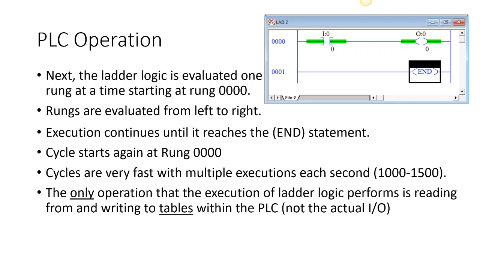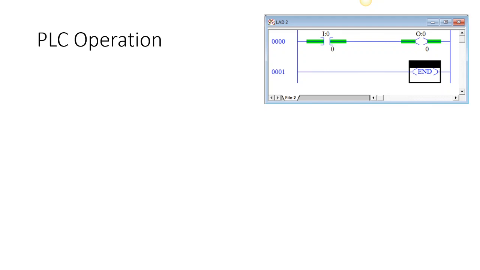It's just doing it within the tables inside the PLC. Then when we get to the next step, we're going to take all the information that's in those tables and write it out to the outputs.